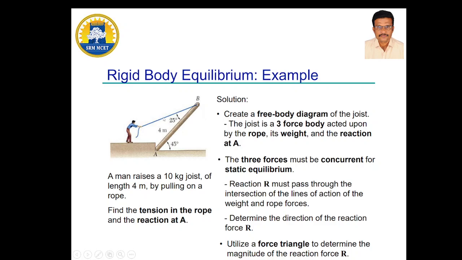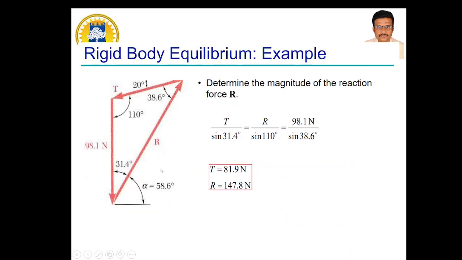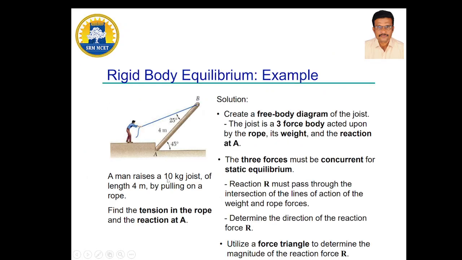We have to find the tension and reaction at point A. The angle between the rope and the joist is 25 degrees, and between the joist and the floor is 45 degrees. Here the three forces are concurrent and in static equilibrium.